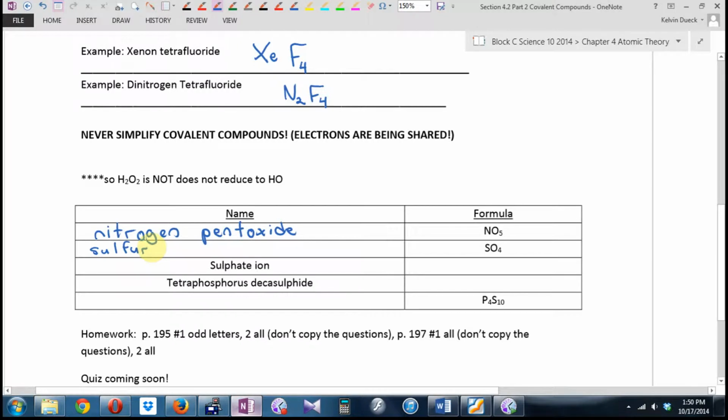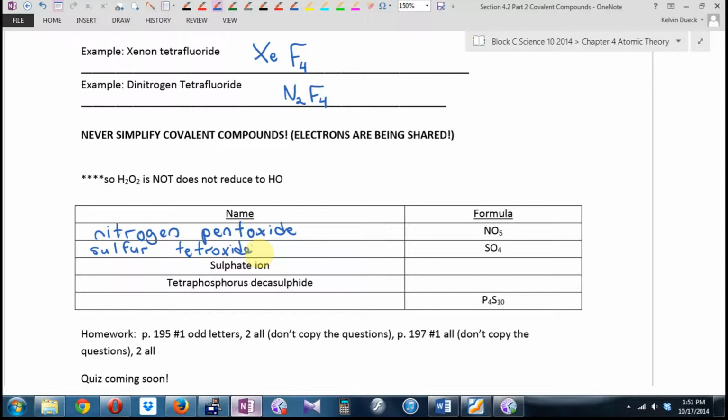How many oxygens are there? So what am I going to write? And you can write tetraoxide, but this would be tetroxide. We're going to come back to the sulfate ion in a second. Let's do the next one.